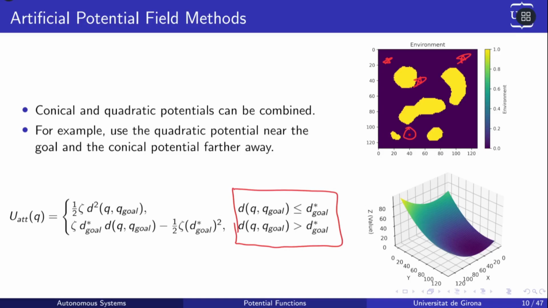However, if the distance between the current configuration and the goal is bigger than this threshold, we apply the linear minus half of this threshold. This is a fixed value. Basically, it's applying the linear function, except for this part, to avoid discontinuities.